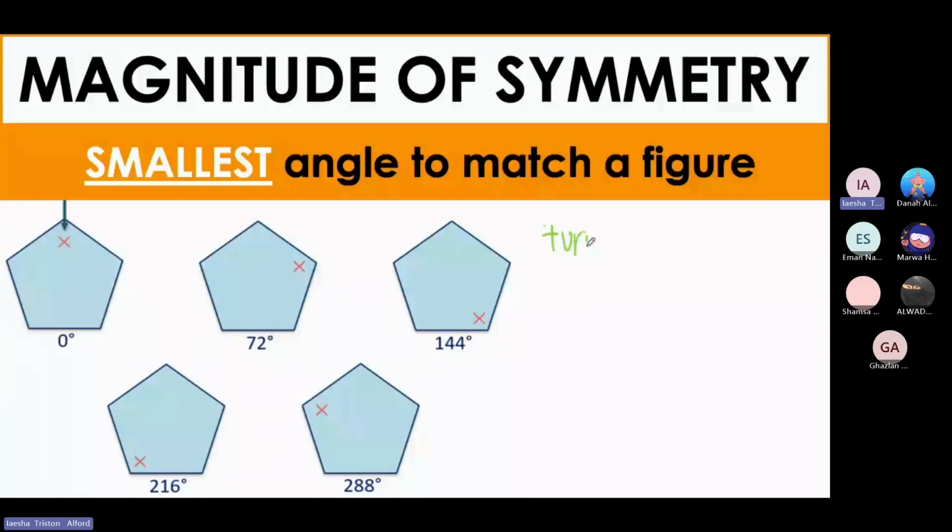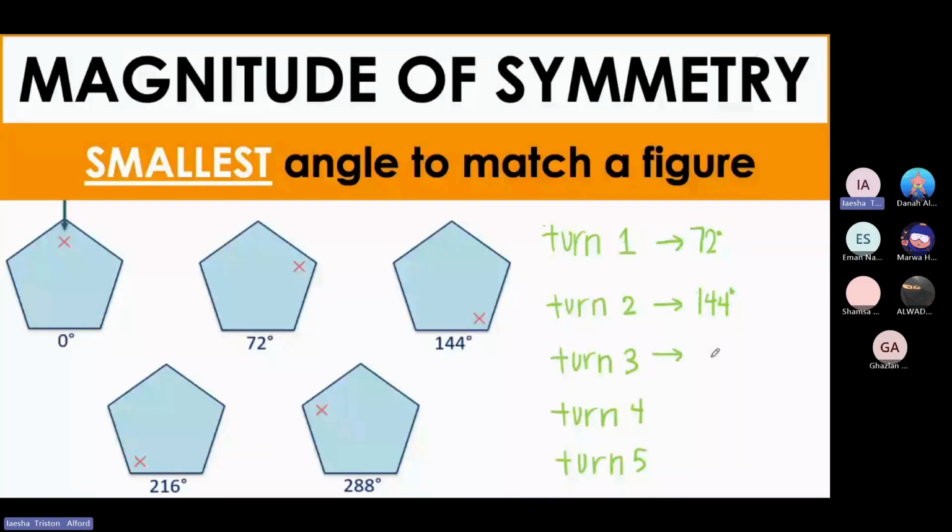I'm going to write that again. I'm going to have turn number 1, turn number 2, turn number 3, turn number 4, and turn number 5. After turn number 1, I'm going to stop at 72. After turn number 2, I will be at 144 degrees.